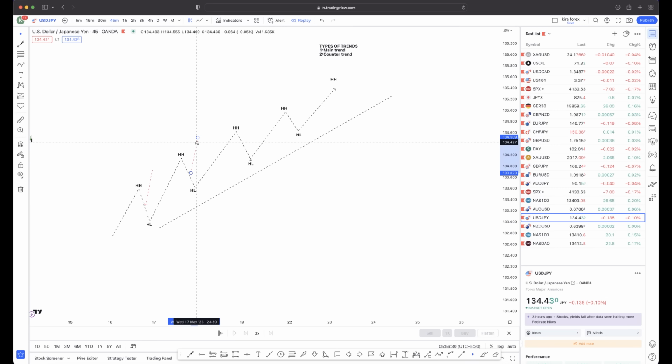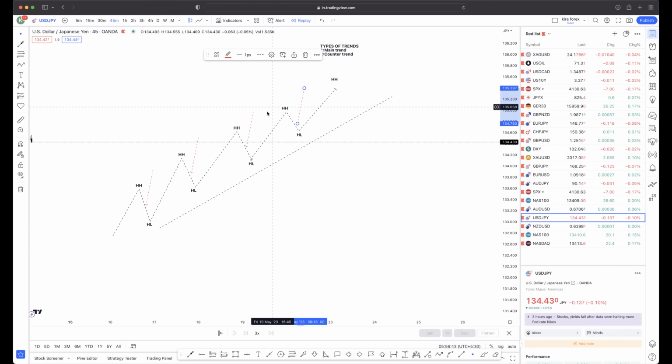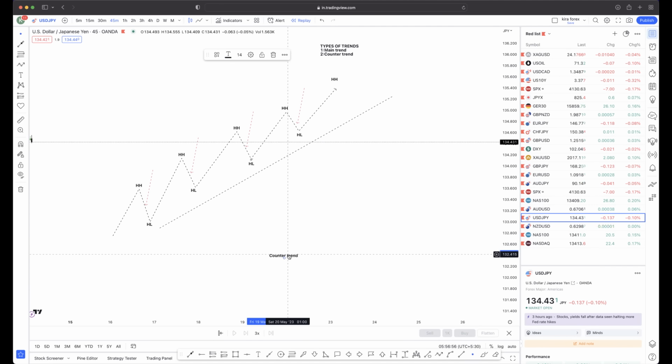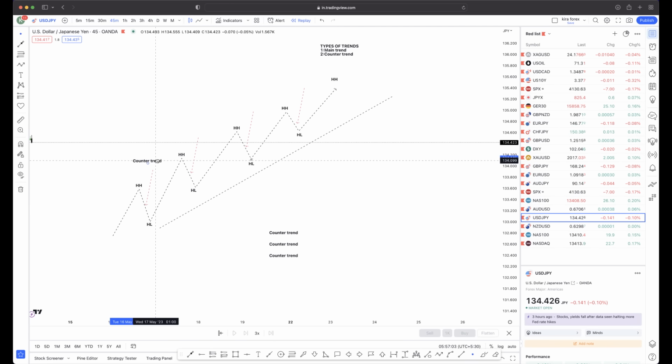So when you are trading, you should know the type of trend you are trading to help you be consistent in the market. This is the counter trend where the arrow is pointing. That is where price is opposite the main trend.